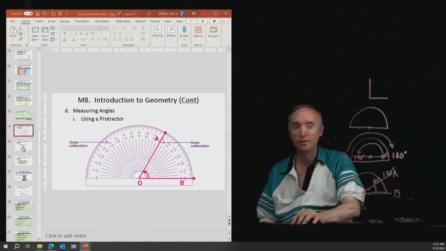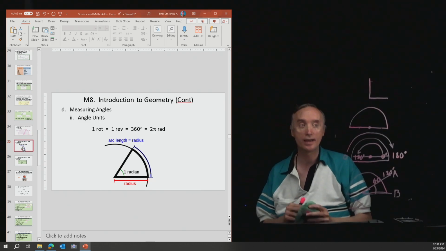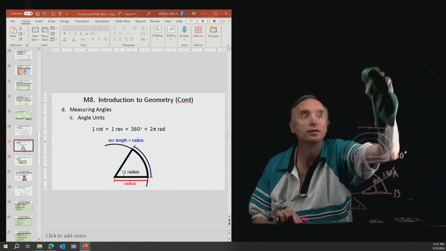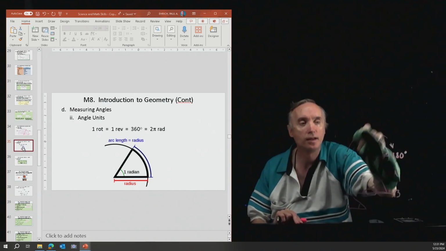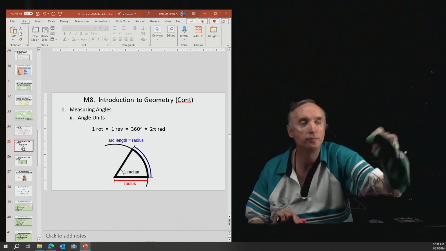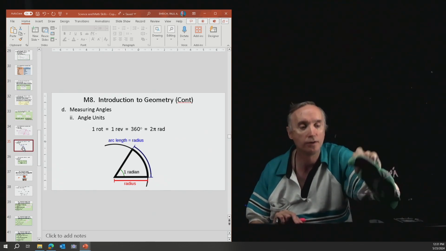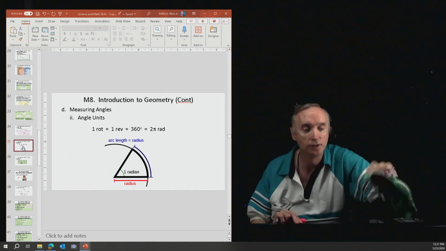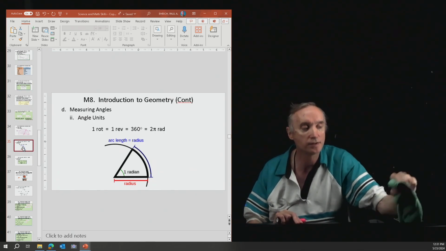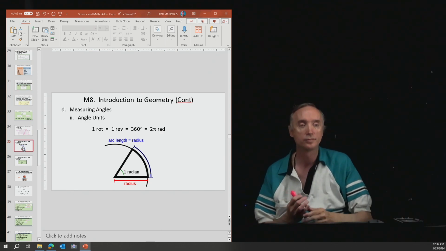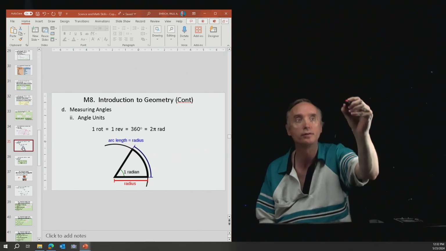Another thing that I want to mention is the units for angles. So let me clear this off. You should be very familiar with degrees, so that if you go around in a complete circle, that's going to be equal to 360 degrees. That's what that protractor in the previous slide was measuring.